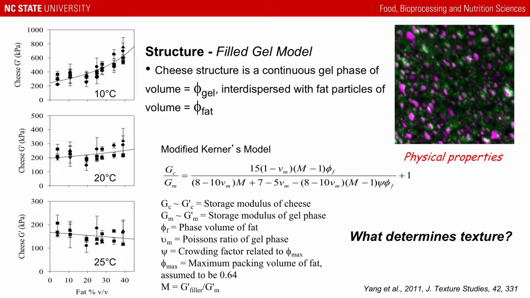If we look at the various models that are out there, we can find a model that says, yes, we can model how firm this is based on the firmness of the cheese versus the firmness of the gel phase, how much of the fat phase is there, and this crowding factor.